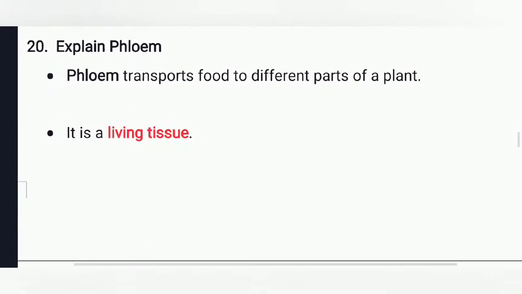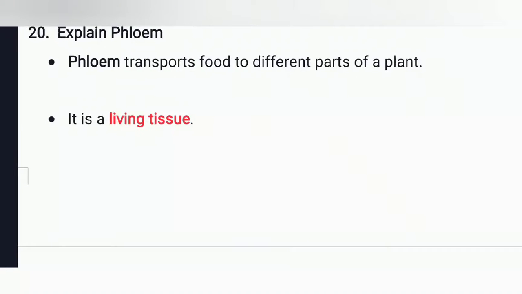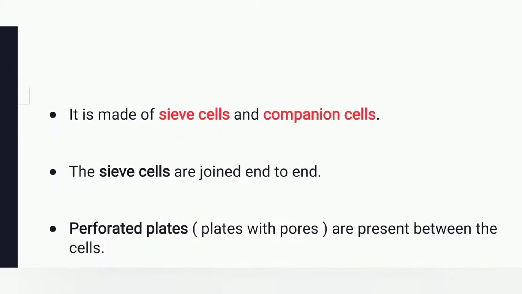It is a living tissue. Unlike xylem, it is a living tissue. It is made of sieve cells and companion cells. In the case of xylem, it is made up of what? Tracheids and vessels. Here it is made of sieve cells and companion cells.